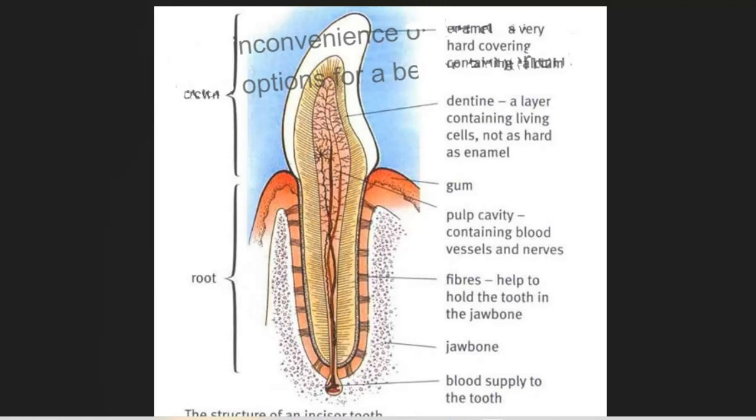So before adding a new tooth, dentists have to do the root canal. By doing the root canal, they have to find their way through the gum into the fibers. They have to disconnect the fibers, and then go through the blood vessel area into the blood supply, so that they puncture the blood supply. They have to puncture those veins or blood vessels so that the blood is not transported to the rest of the tooth.